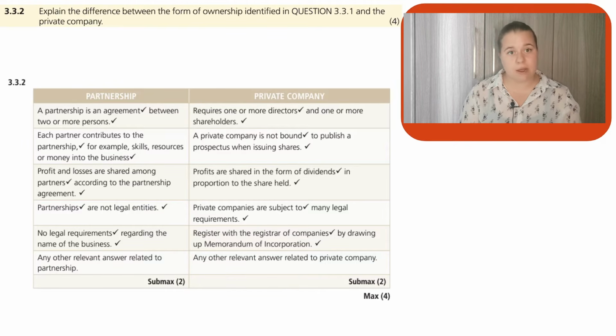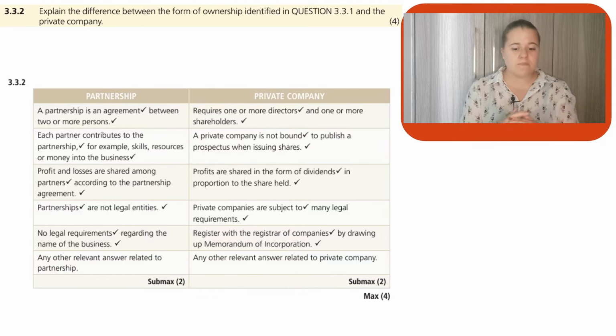Now we're looking at private company. Requires 1 or more directors and 1 or more shareholders. A private company is not bound to publish their prospectus when issuing shares. Profits are shared in the form of dividends in proportion to the shares held. Private companies are subject to many legal requirements, and register with the registrar of companies by drawing up a memorandum of incorporation.